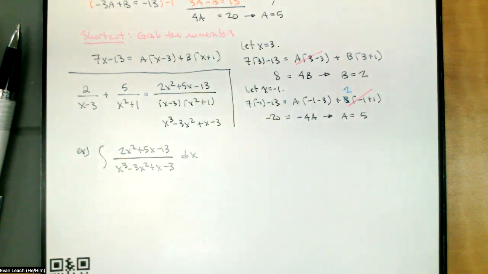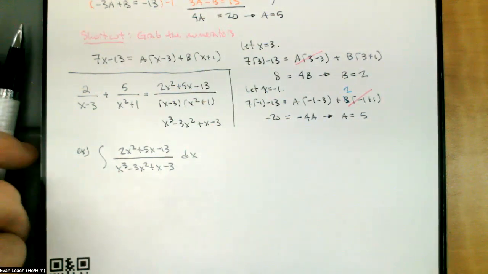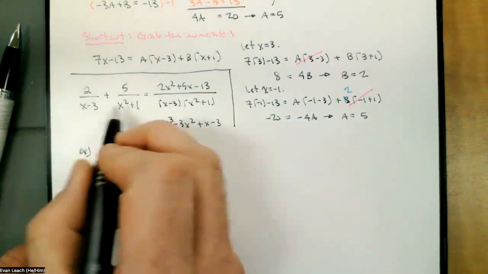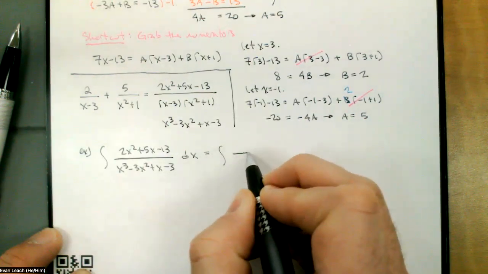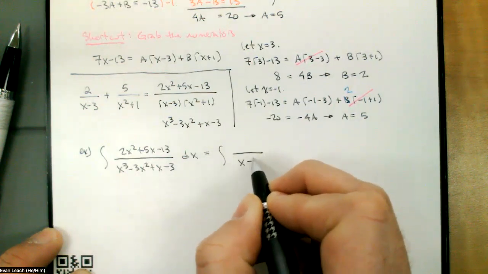And the goal is we're going to rewrite our rational function as the sum, 2 over x minus 3 plus 5 over x squared plus 1. The reason that we want to do that is that we know these two integrals. So here is us looking at the why of doing this.